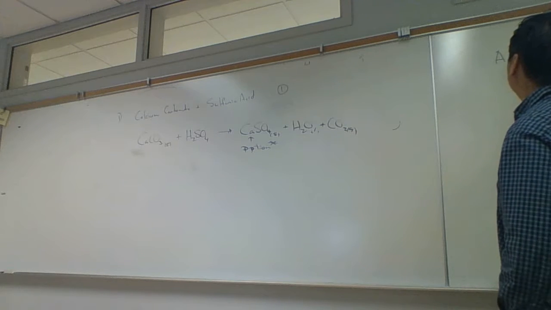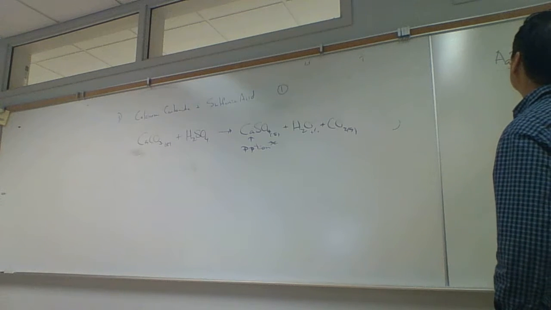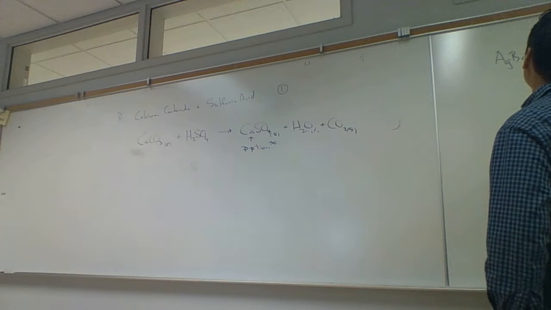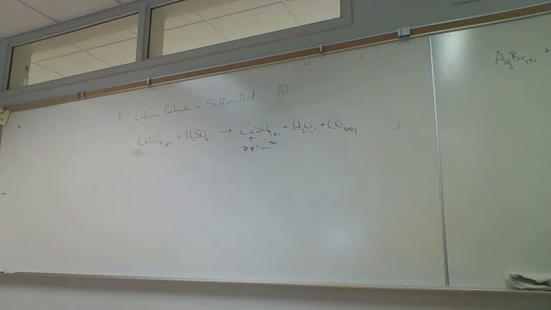So if we have silver bromide solid plus HCl gives me silver chloride solid plus HBr. And I go, hey, I got a precipitate. So precipitation is the driving force, right? But no, this is precipitate with an asterisk.